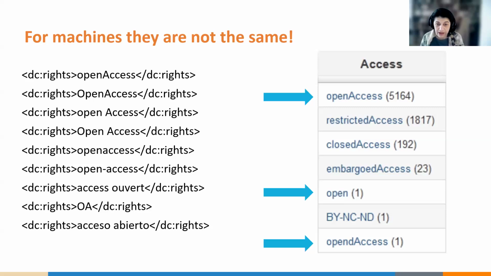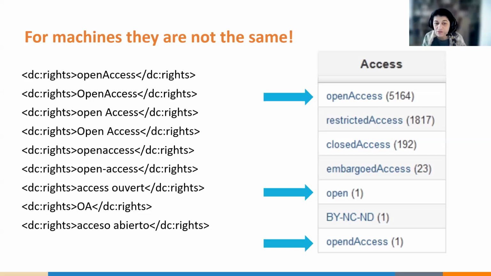So here on the left, you can see some pieces of code. And this is how the OAI-PMH protocol displays the information that something is in open access, a publication, let's say. So it matters how you input this information. It's not the same for the machines.